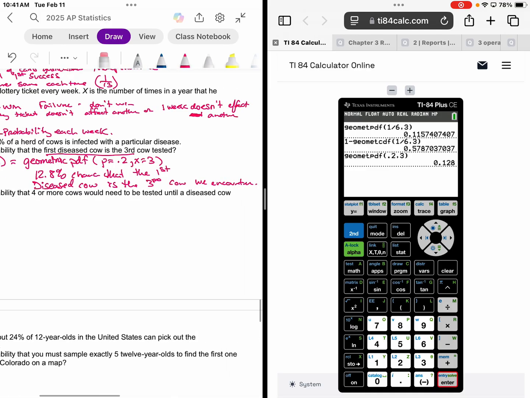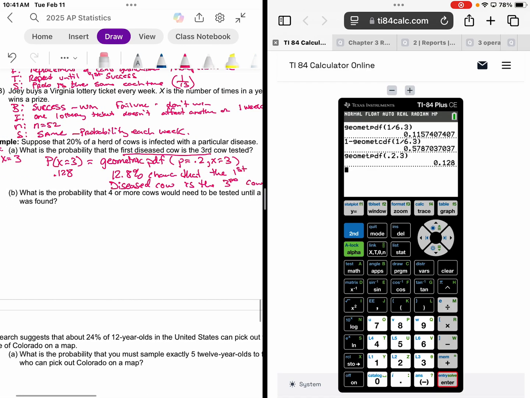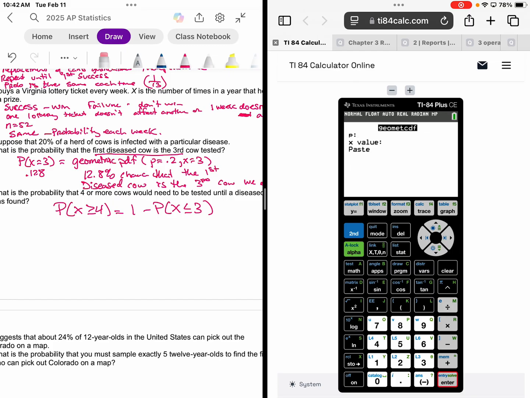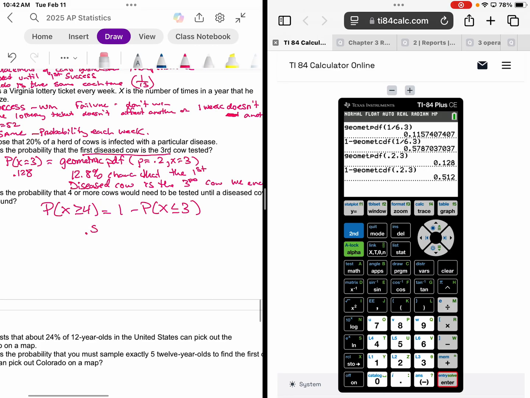What is the probability that 4 or more cows need to be tested until a diseased cow is found? All right, probability that x is greater than or equal to 4, because it said 4 or more, which means greater than or equal to 4. So I need to do 1 minus the probability that x is less than or equal to 3. I need to use the complement rule. So 1 minus second vars, geometric CDF, 0.2 is my probability, 3 is my x value, and we get 0.512.